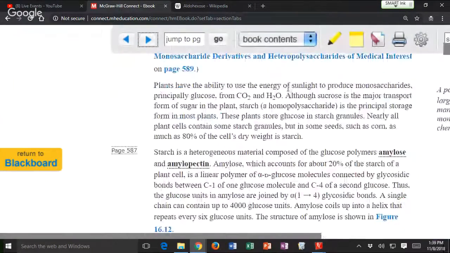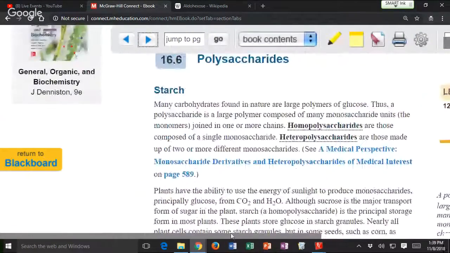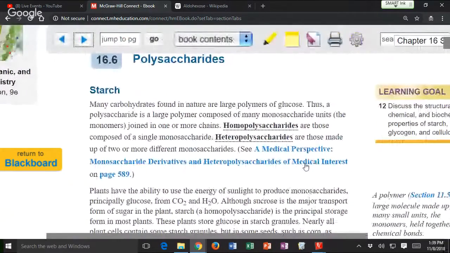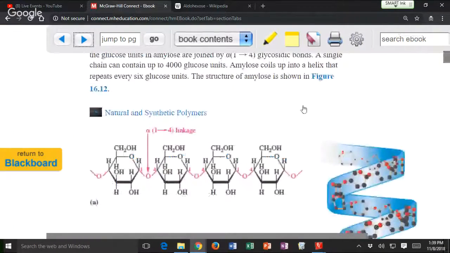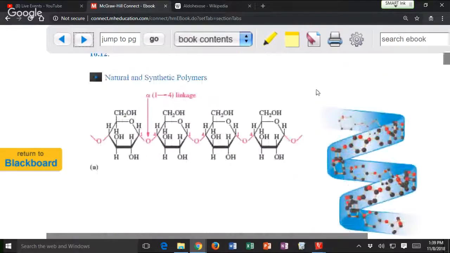All right, so now let's look at some big ones. We're going to look at two big types of large polymers of glucose, which is glucose molecules hooked together over and over and over again, thousands and thousands of them. There's starches and there's cellulose, different parts of plant structure. They're all made of glucose, but only the linkages are different.